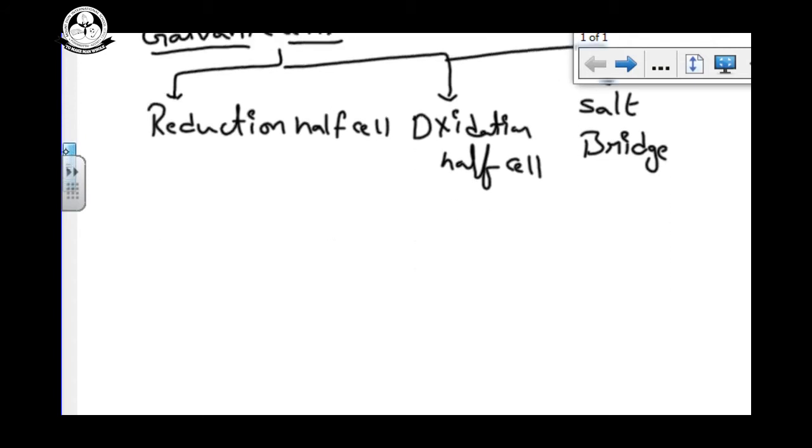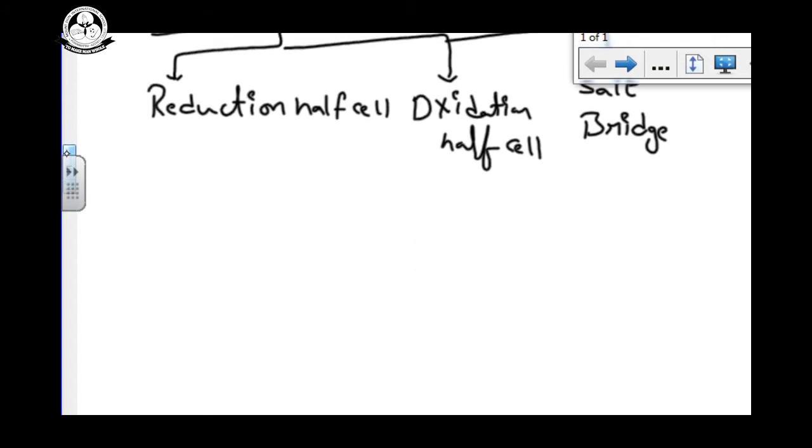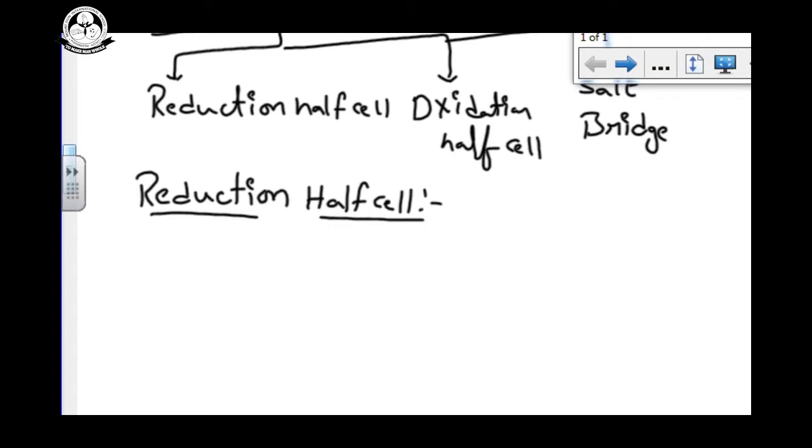Okay. Now see, I am going to discuss first the reduction half cell. As the name itself says, reduction half cell means the reaction that takes place here is reduction.